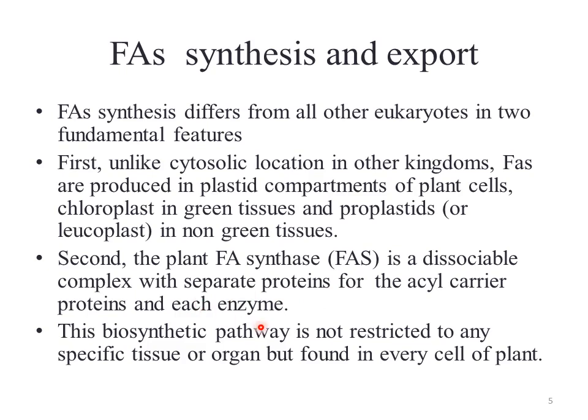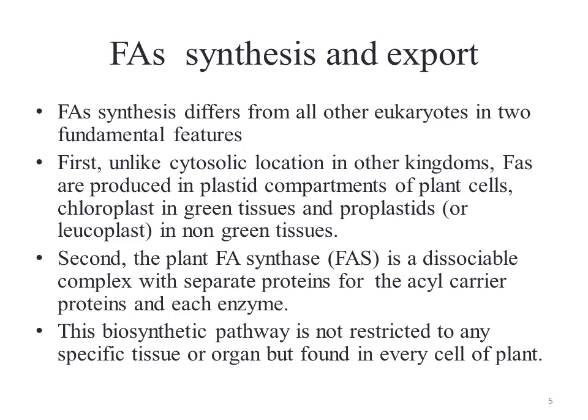This biosynthetic pathway is not restricted to any specific tissue or organ, but it is found in every cell of the plant, because chlorophyll is present in each and every cell of the green part of the plant where photosynthesis occurs.